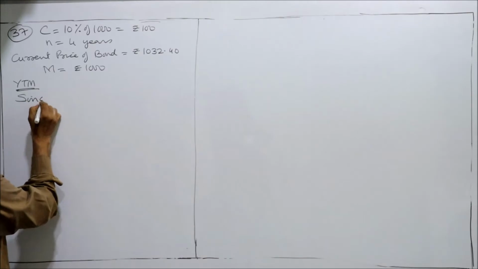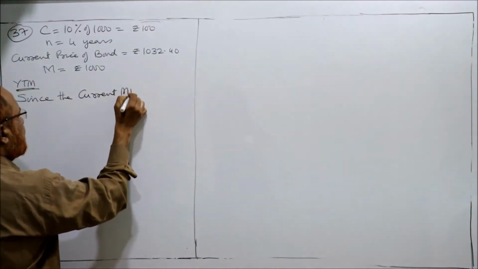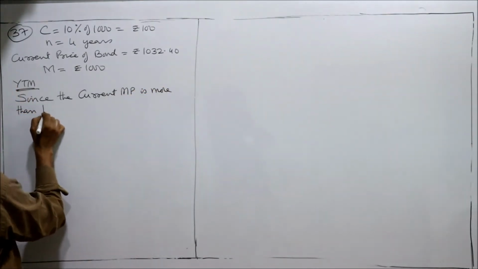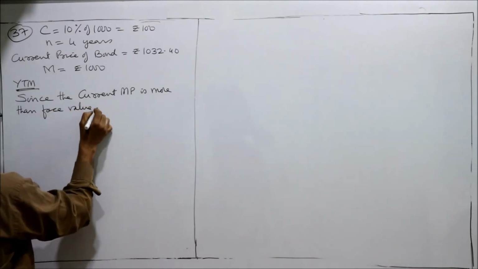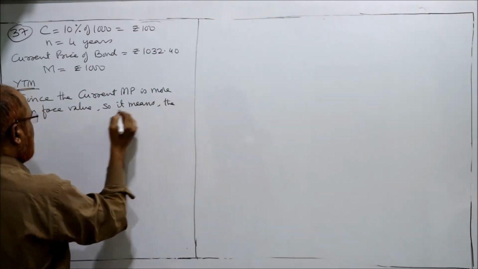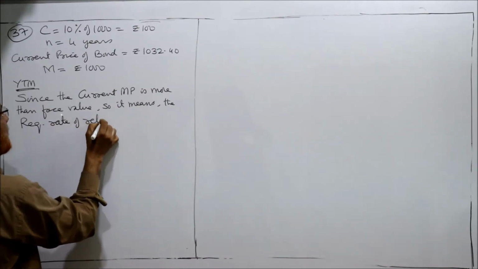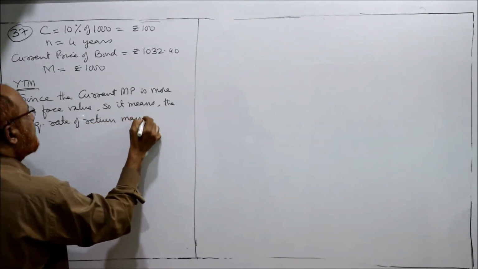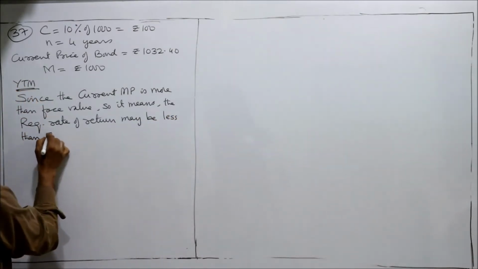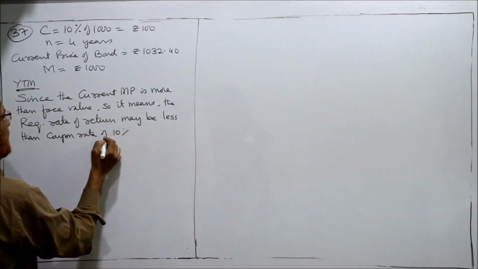Since the current market price is more than face value, so it means the required rate of return may be less than coupon rate. Less than coupon rate of 10%.